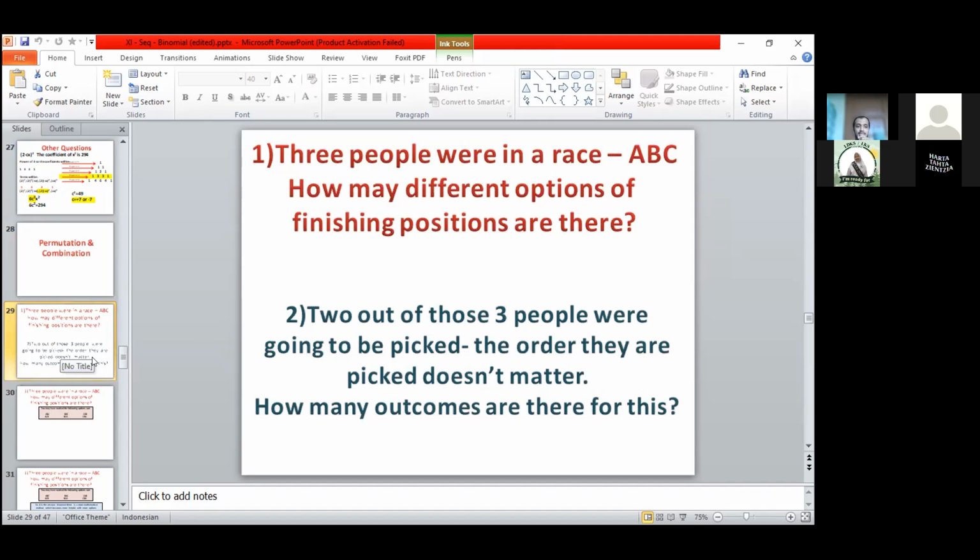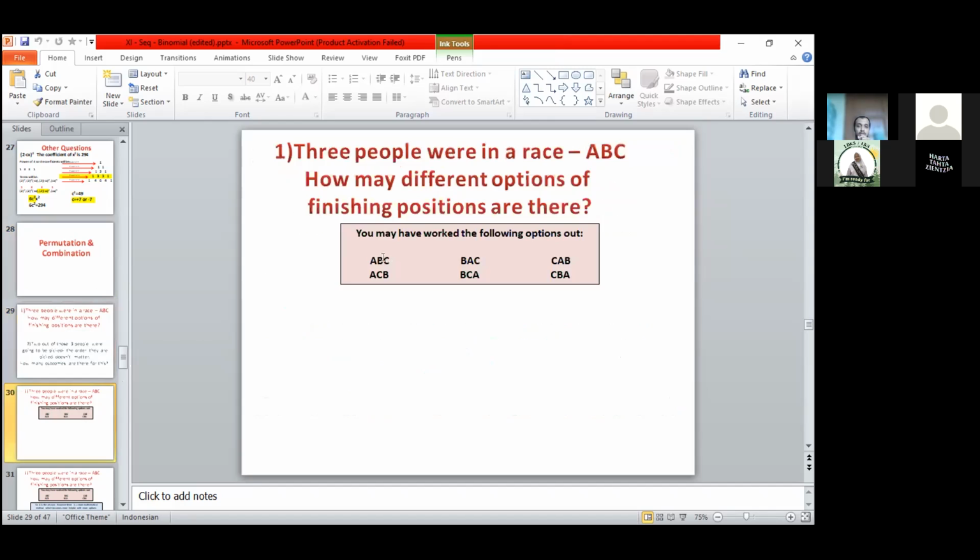Okay, so we can list all possible finishing positions one by one, because there are only 3 people. If the first one is A, then the second one can be B or C, so there are only 2 possibilities, ABC or ACB. If the first one is B, then there are only 2 possibilities as well, BAC or BCA.